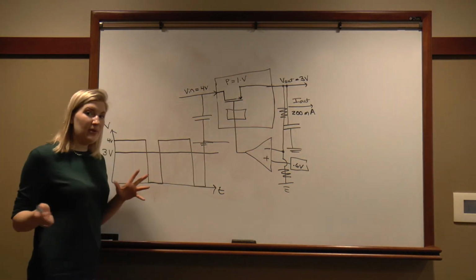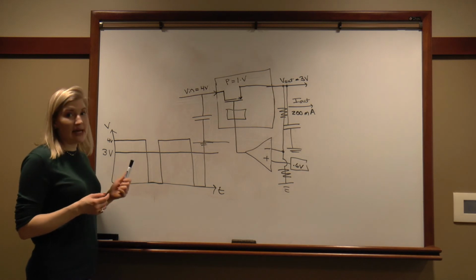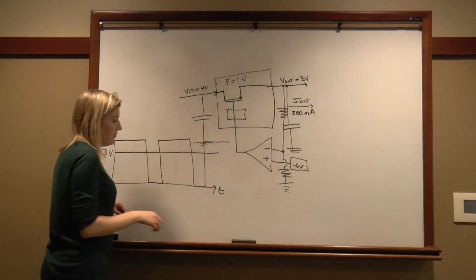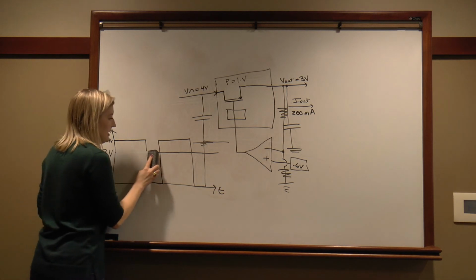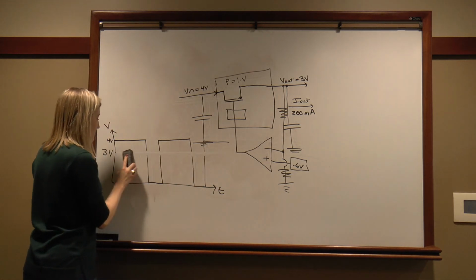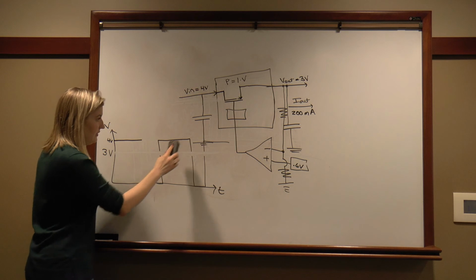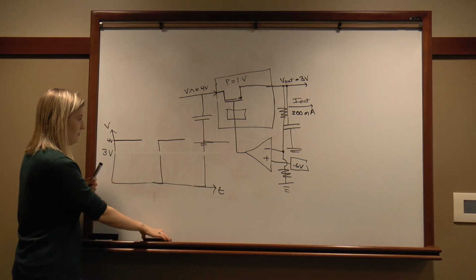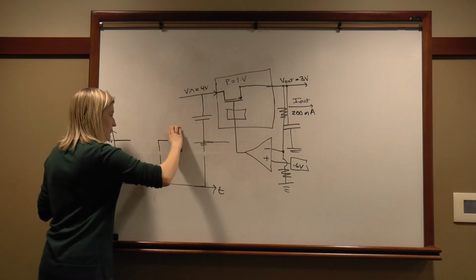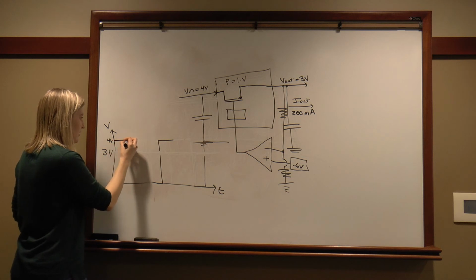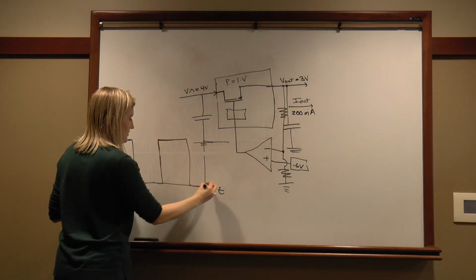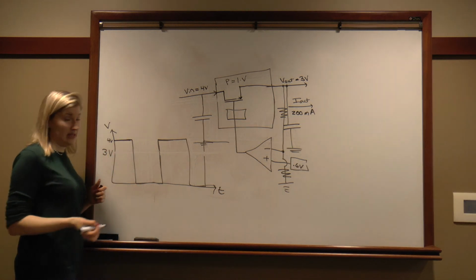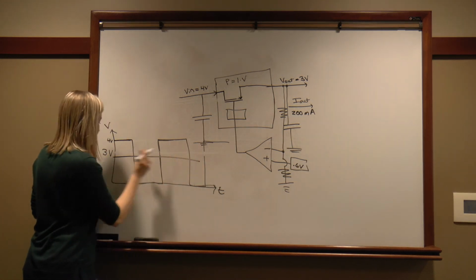So let's say that instead of 3 volts out, we wanted 2 volts out. So what we would do then is only take in 4 volts for 50% of the time. And now the new average value, if we're at 4 volts for 50% of the time and 0 volts for 50% of the time, is 2 volts.